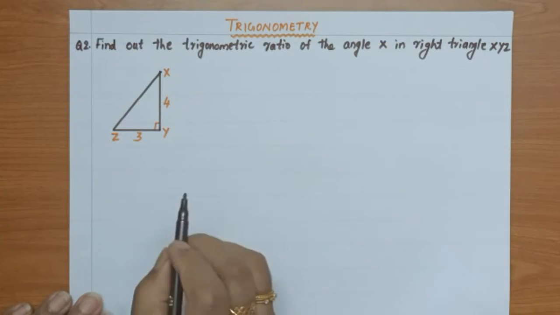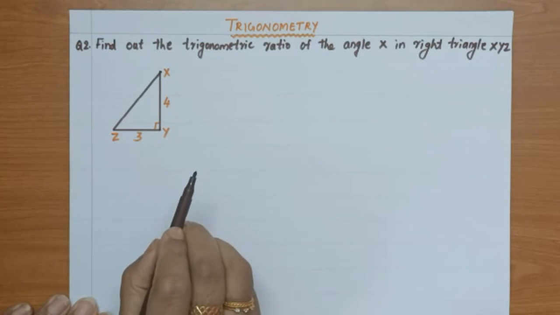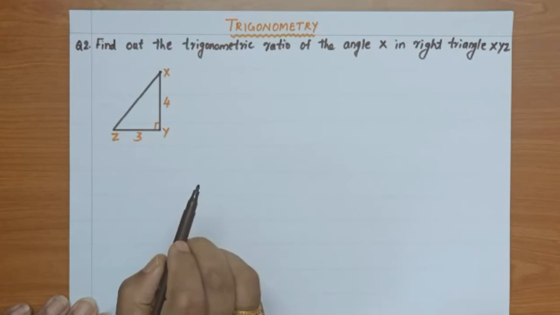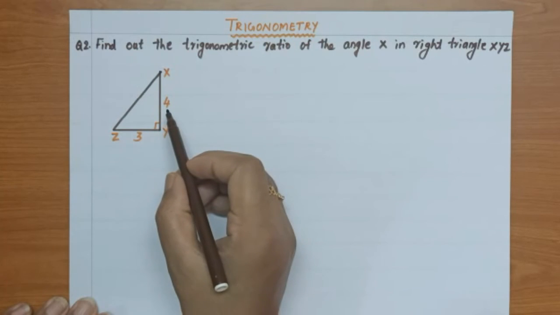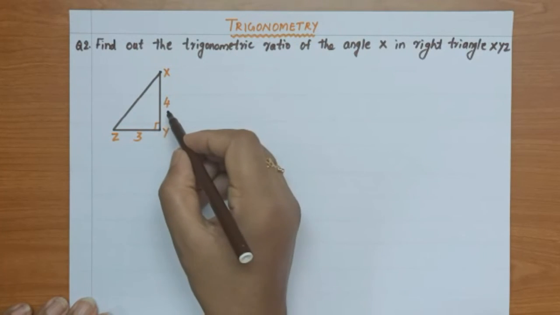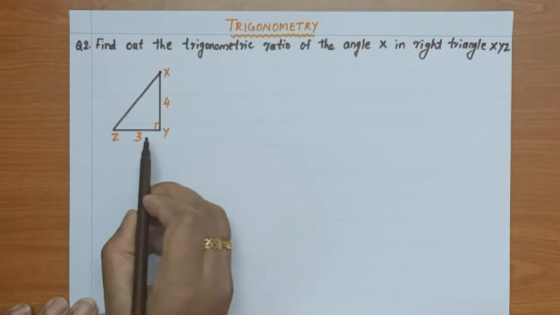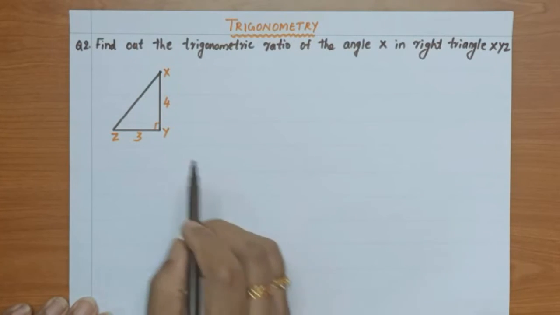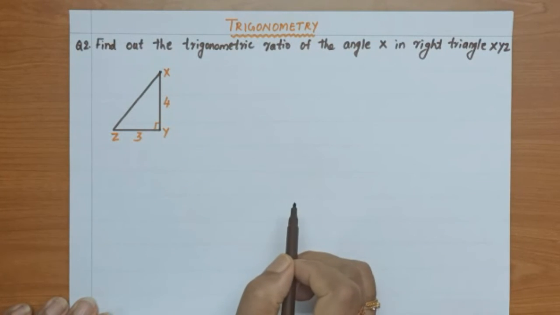Now, question number 2. Find out the trigonometric ratios of the angle X in right triangle XYZ. In this question, the measurements of the sides ZY and XY are given. XZ is not given. XZ is the hypotenuse.